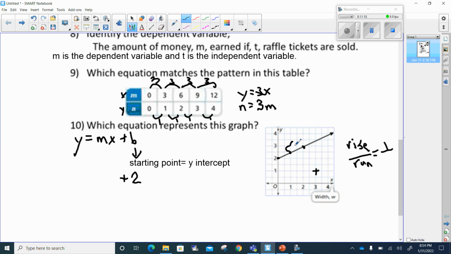Then from here to here is a run of 2. That means we have 1/2. And then everything else comes down. We simply go ahead and see how much it goes up and how much it goes over. All right? So our equation is y equals 1/2 x plus 2.